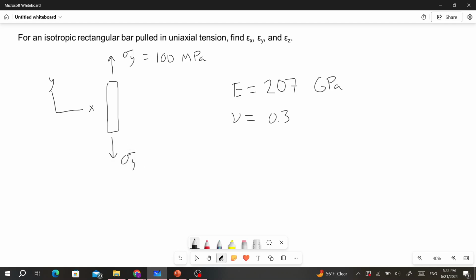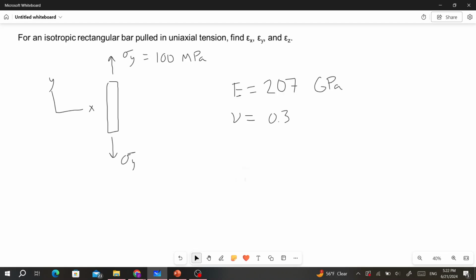And we're given that the modulus of elasticity E is 207 gigapascals. Poisson's ratio nu is equal to 0.3. So then we need to find epsilon x, epsilon y, and epsilon z. And the way that we'll do that is using Hooke's law.